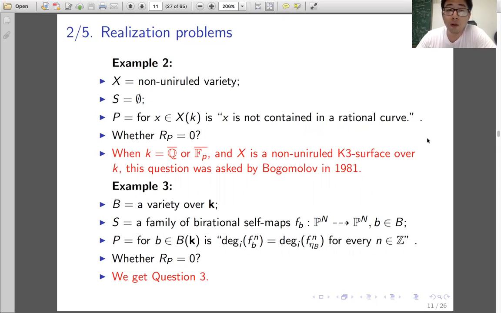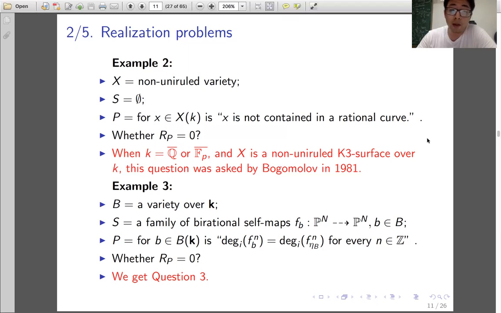So a very general point is not contained in a rational curve. But here we ask that x is contained in this space field K. So maybe, for example, when K is countable, that's the interesting case. We ask whether R_P equals 0.